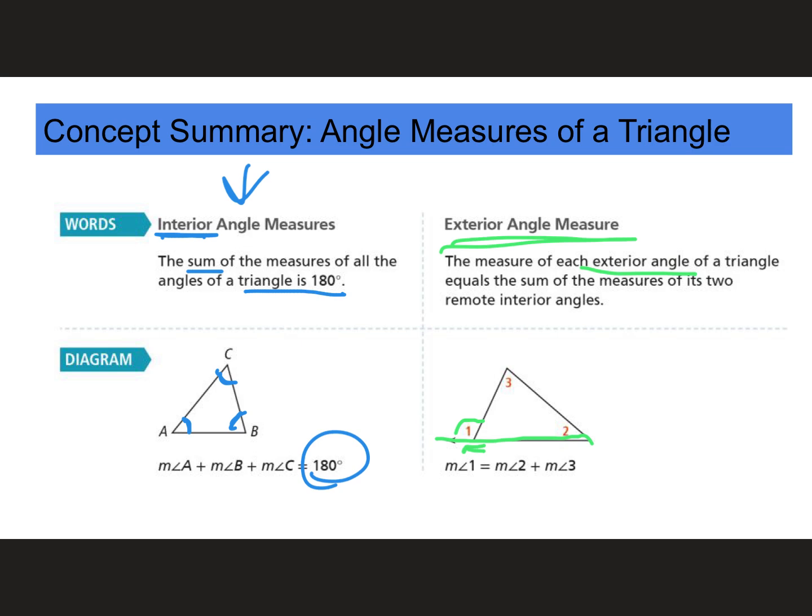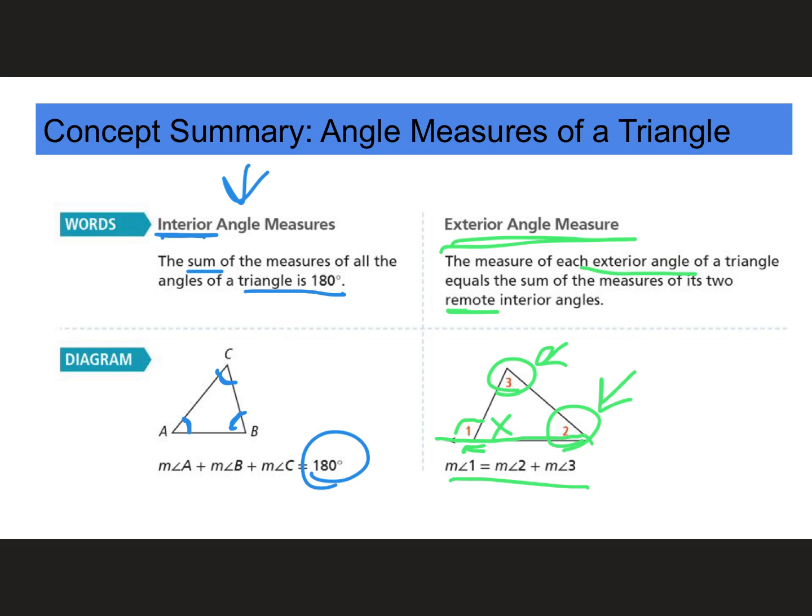So that exterior angle of a triangle is the same thing as the sum of the 2 remote interior angles. Remote just means away from. Like you use your remote control to change channels on your TV when you're away from it. So we're not talking about this angle down here. We're talking about this angle and this angle being my remote interior angles. So the measure of angle 1 is the same thing as the measure of angle 2 plus the measure of angle 3.